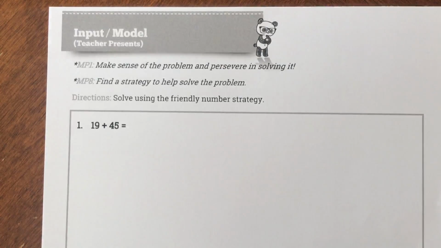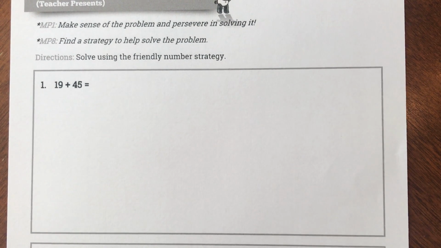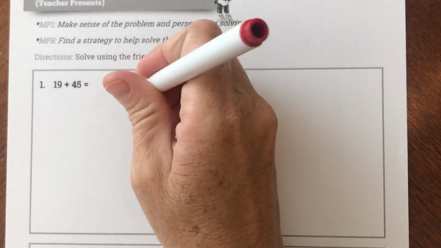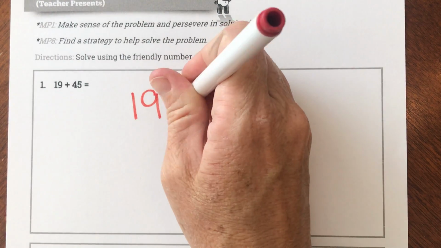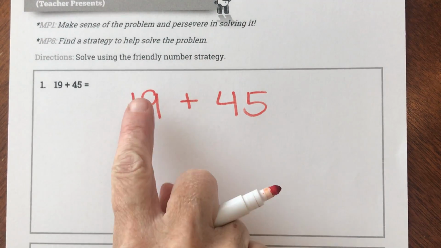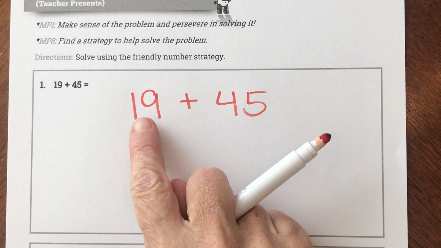So here is my first problem. My first problem says 19 plus 45. So I'm going to rewrite my problem. 19 plus 45 are my two addends. So I'm going to look at this addend and this one. Which one is close to a friendly number? Which one's close to 10, 20, 30, 40? Well, this one is close to 20, right?